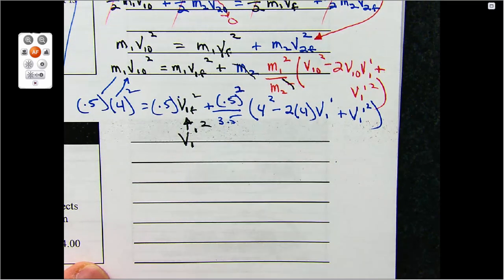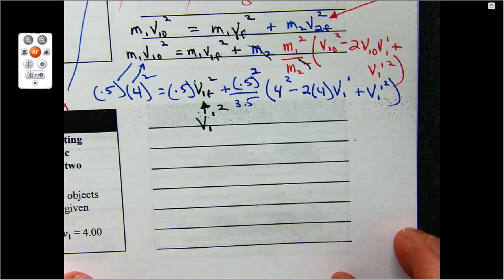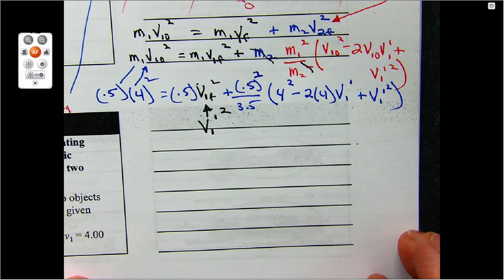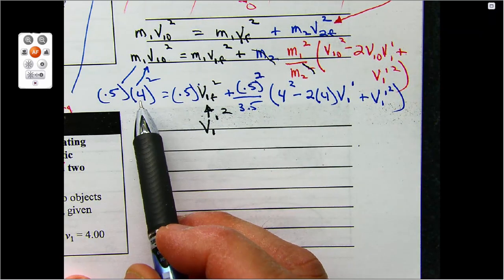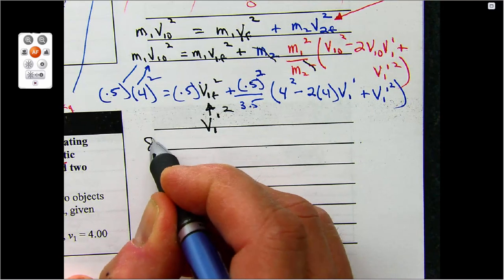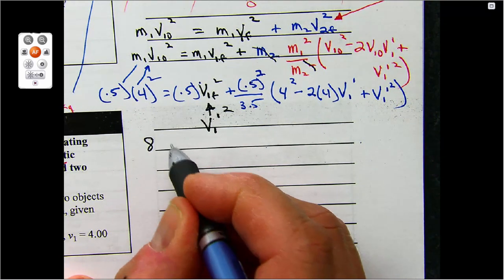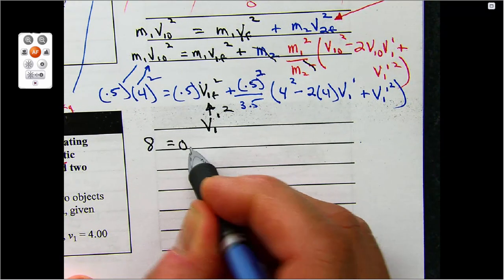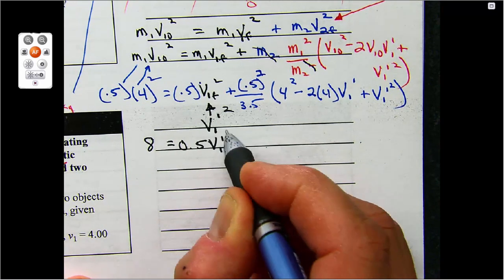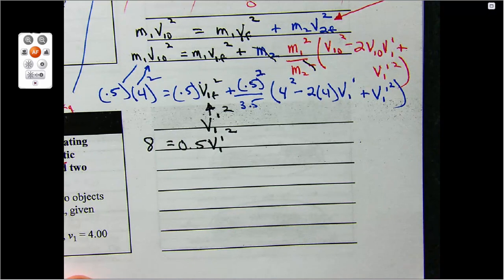And this is still squared. All right. This is all going to clean up. Here's what we're going to have. We're going to have 0.5 times 16, correct? So 0.5 times 16, we're going to end up with 8 equals 0.5 V1 prime squared, right there.